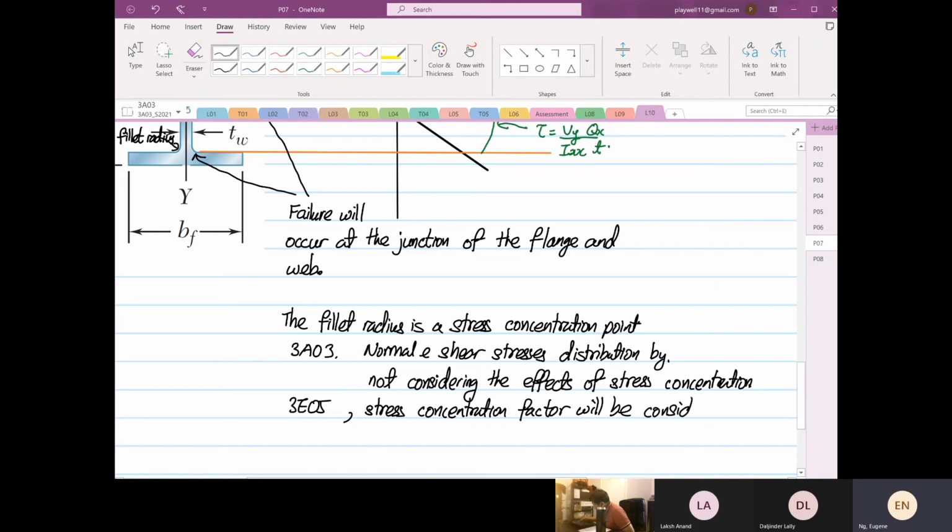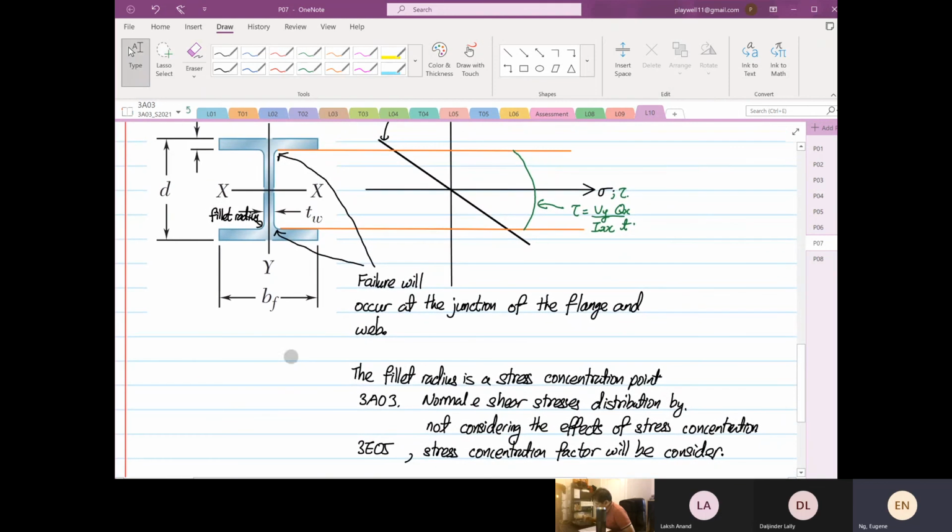You are going to look into how different fillet radius will have different coefficients for the stress concentration multiplier. The stress concentration multiplier is all experimental based. It's like fluid mechanics: you have Reynolds number based on different pipe diameter, for example, and flow velocity. It's exactly the same thing.